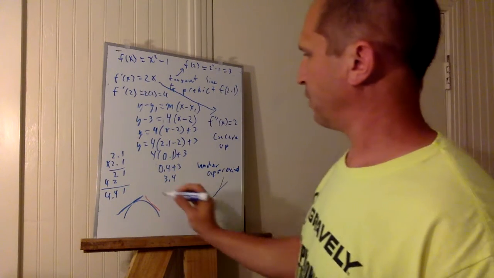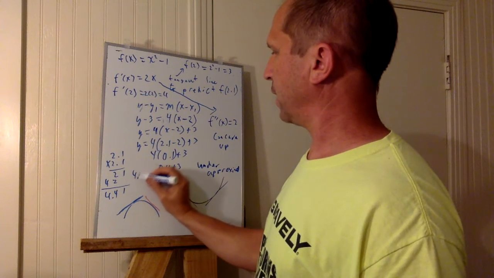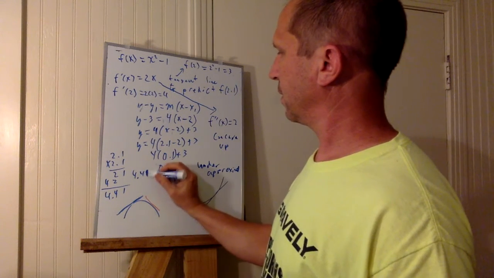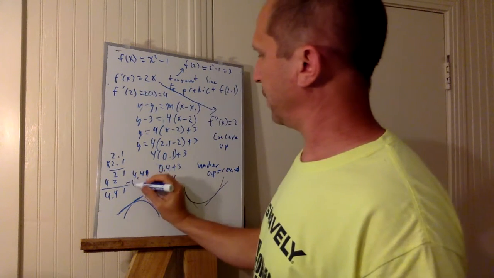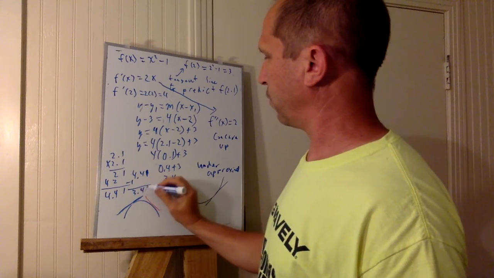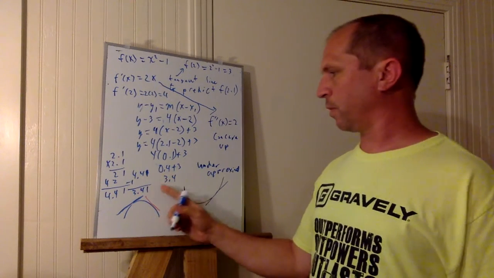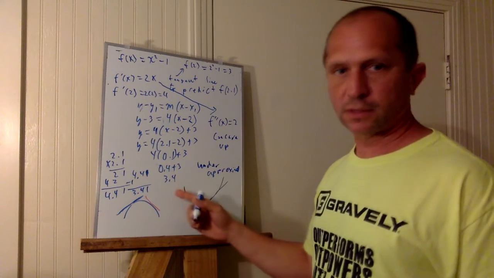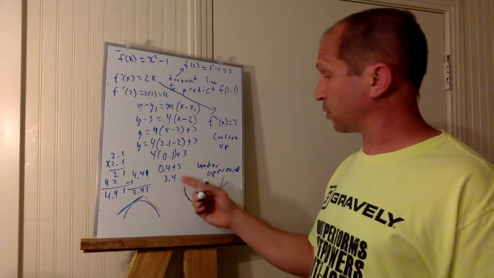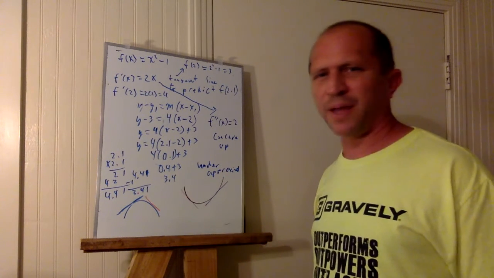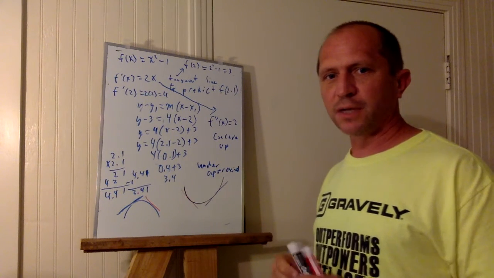And if we take 4.41 and subtract 1 from it, we get 3.41. So see, 3.41 is greater than 3.4, so that does tell us that this is correct. This would be an under approximation for that. But see how it is really close.